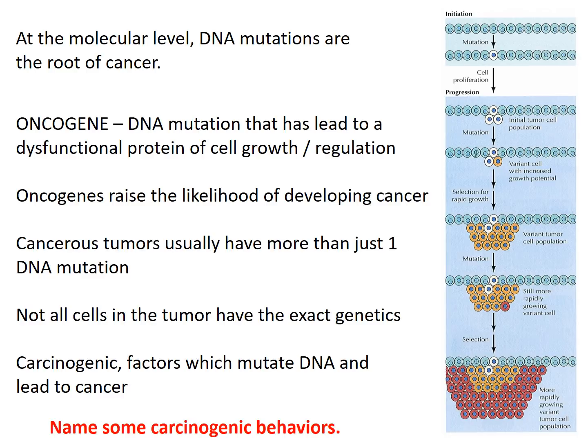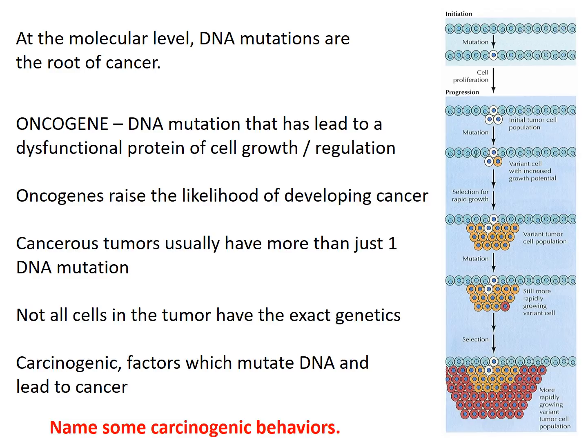A malignant tumor is going to begin with an oncogene. As that DNA gets rapidly copied and copied via processes which are not being regulated, more mutations are going to ensue. So therefore, within that cancerous tumor, we're going to have a number of different DNA mutations or a number of different oncogenes.